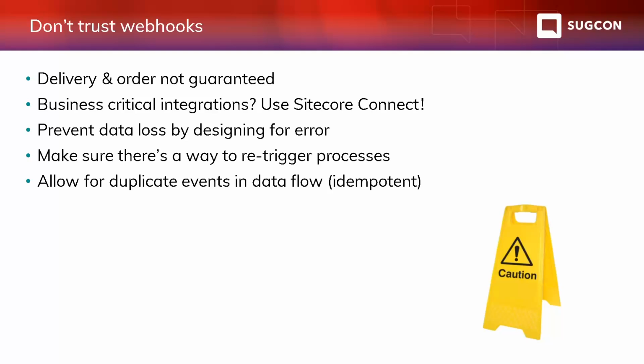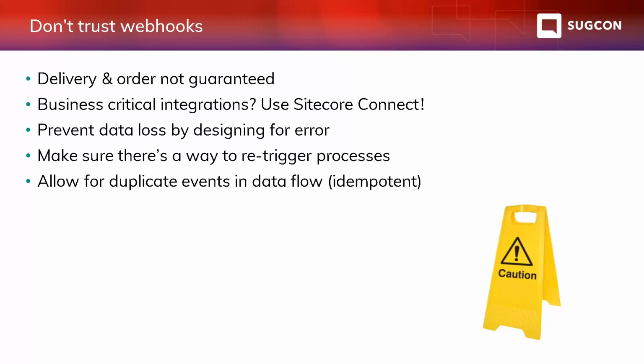Still, if you decide to use it, and you can perfectly do it, and I'll show it in my example as well, make sure that you prevent data loss by designing for error. Like you might not retrieve certain webhook events, and your code should be resilient to cope with that. I'll show you what that means in a minute.